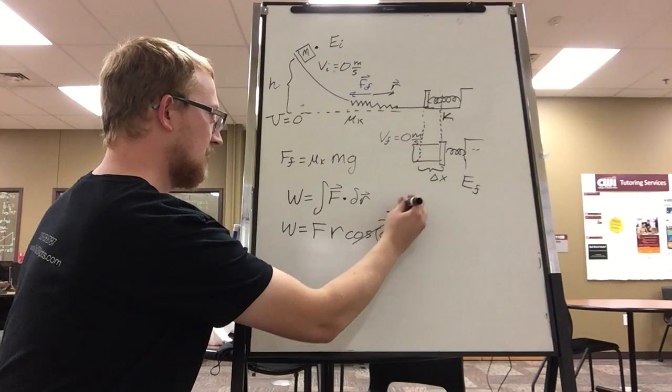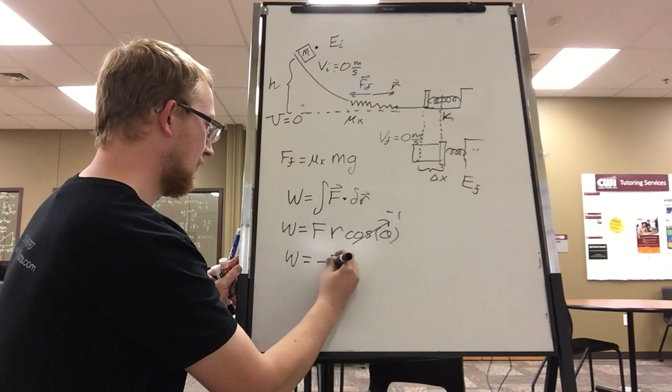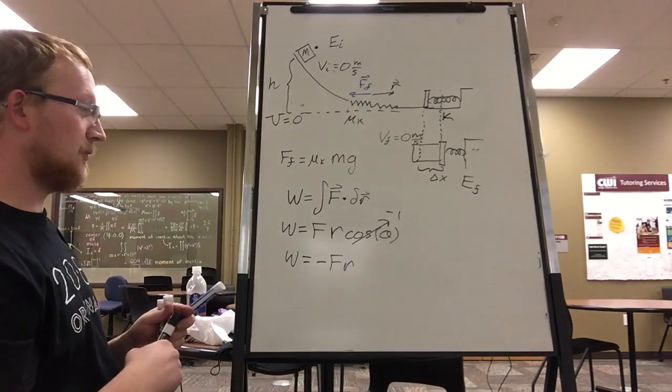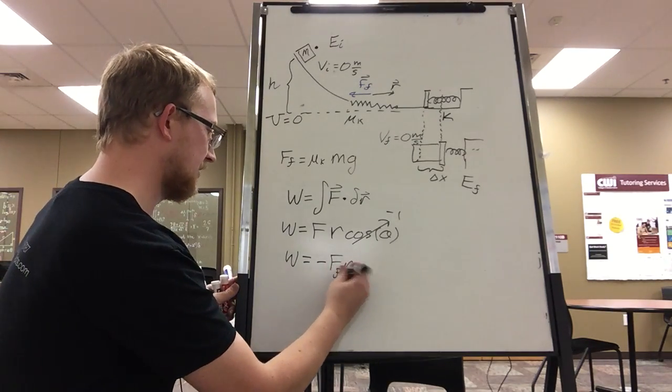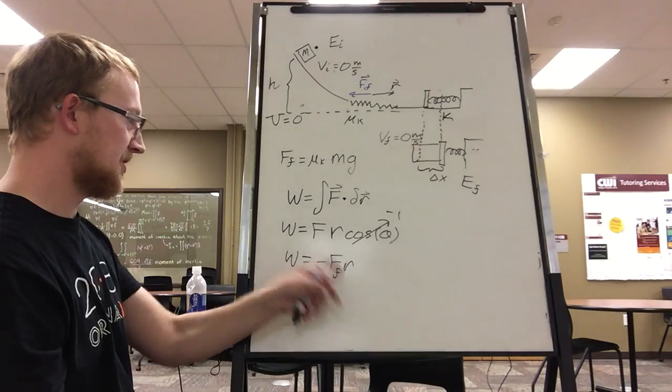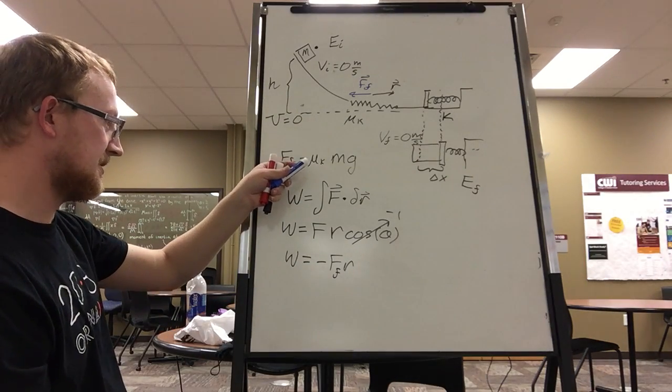Cosine of 180 is minus 1. So we find the work is equal to minus the force of friction times r.